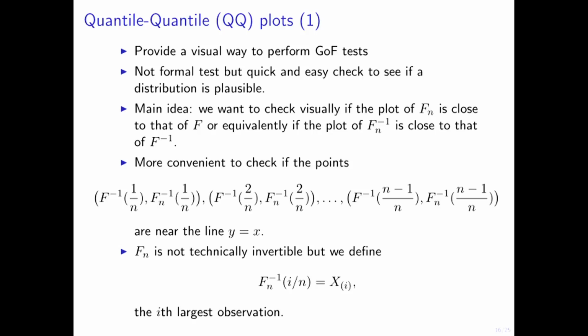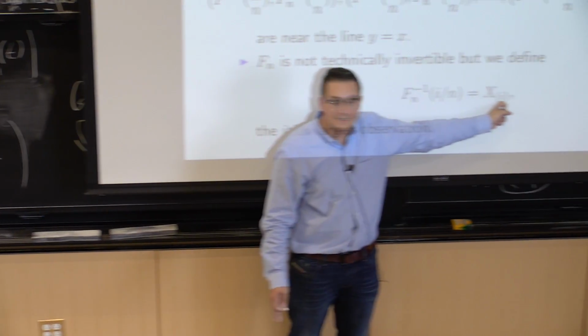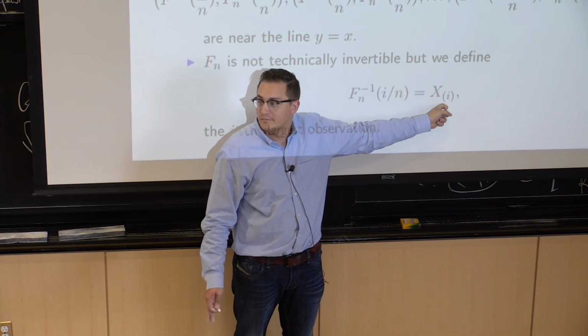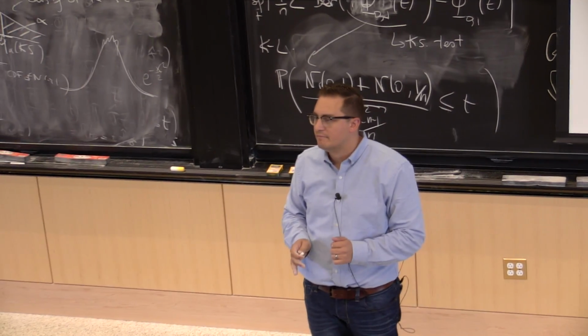Now, for the empirical CDF, it's actually easy. I just told you this is basically where the jumps occur. And the jumps occur where? Well, exactly at my observations. Now, remember, I need to sort those observations to talk about them. So the one that occurs for the ith jump is the ith largest observation, which we denoted by x sub (i).